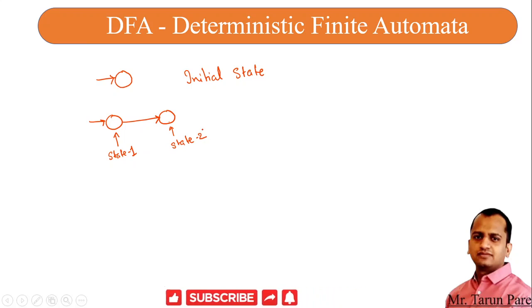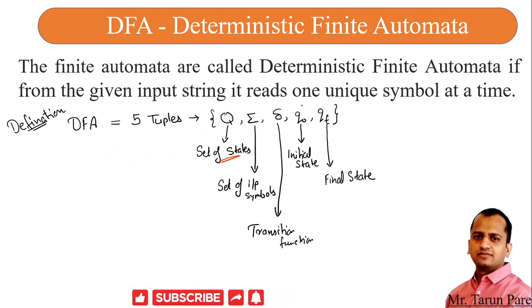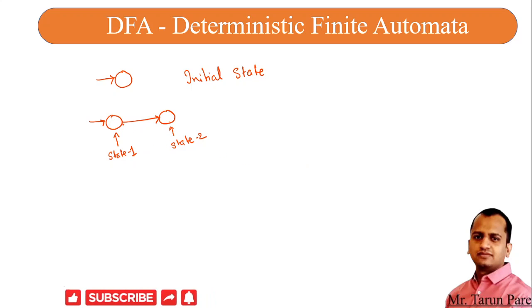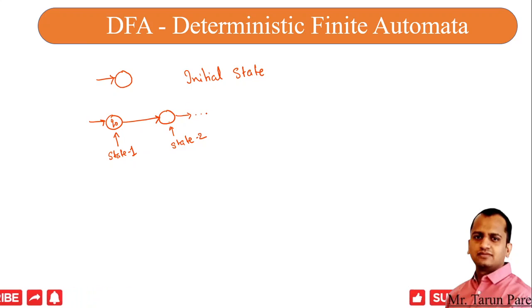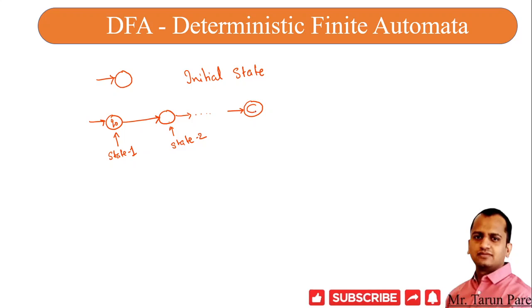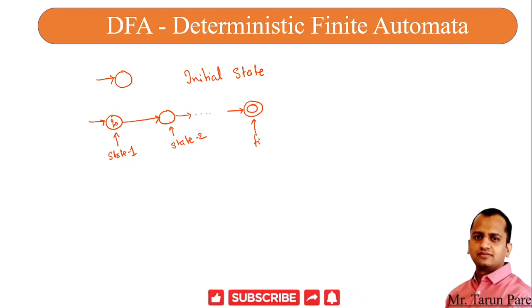As we have mentioned, there is q naught which is called the initial state. Since this is the initial state, we represent it in the form of q naught. After that, there are many intermediate states, and by the end there is a final state. If there is a double circle, a circle inside a circle, and a particular state is defined in this form, then it is called the final state.